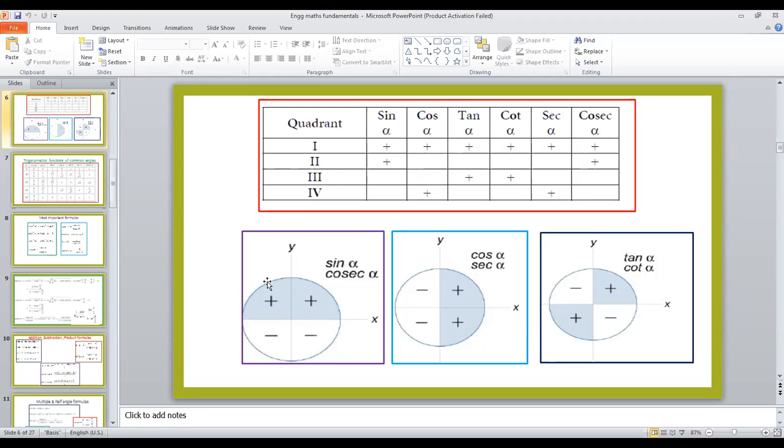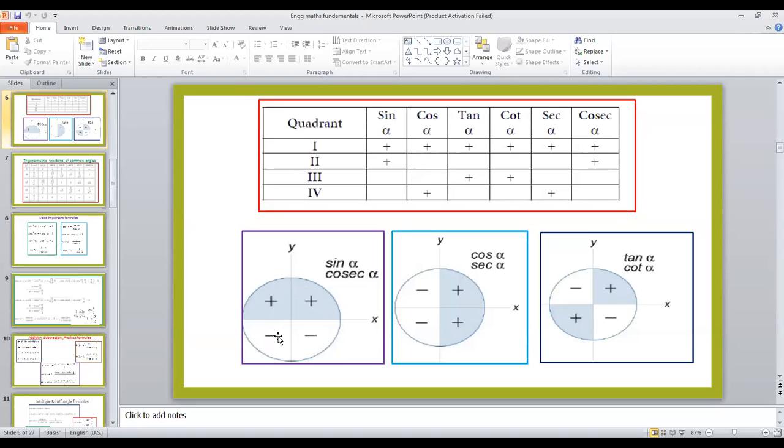Now here in this space, only sine and cosec are positive. Am I right? Because cosec is related with sine. These two are positive. So in this shaded region of the circle, these two trigonometric ratios are positive.